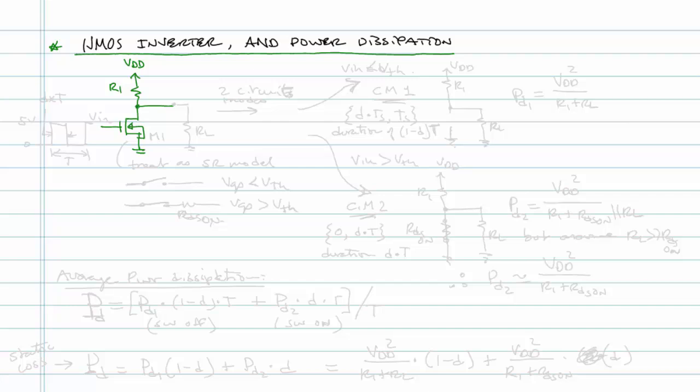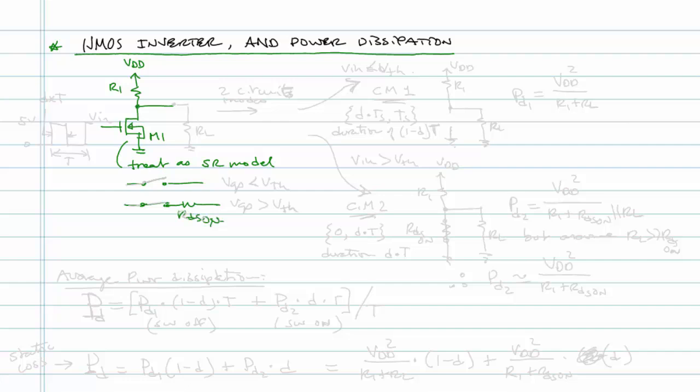So our model is going to be really simple. We're going to treat the MOSFET as an SR model. Either it's going to be an open switch or it's going to be a closed switch with some RDS on.